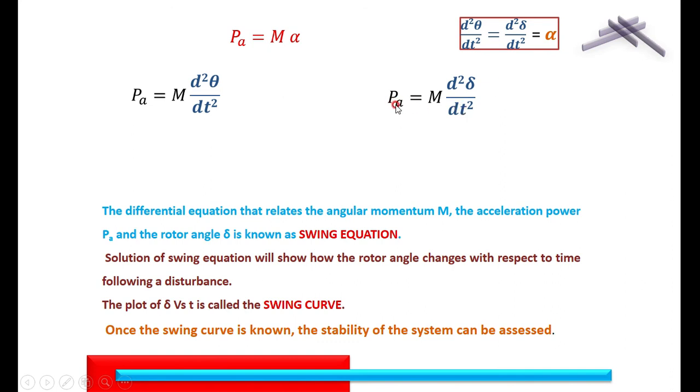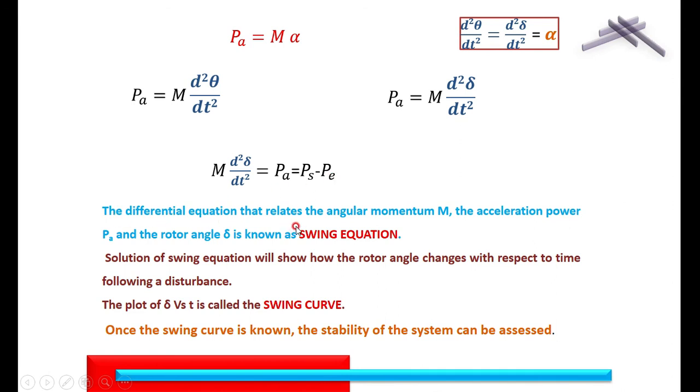The equation which is describing Pa and d square delta by dt square, this equation we are calling the swing equation. That is, m d square delta by dt square is equal to Pa is equal to Ps minus P. This is called the swing equation.